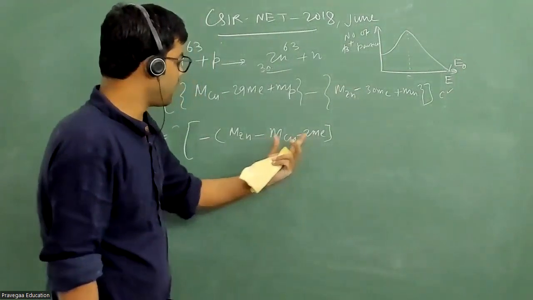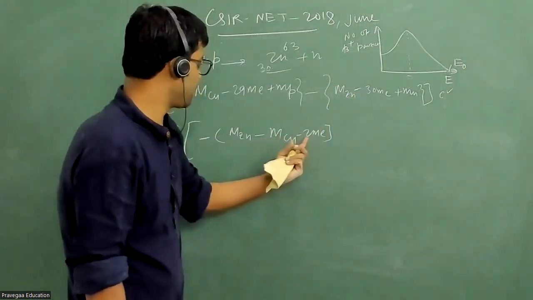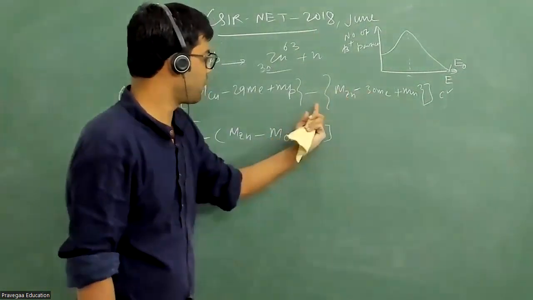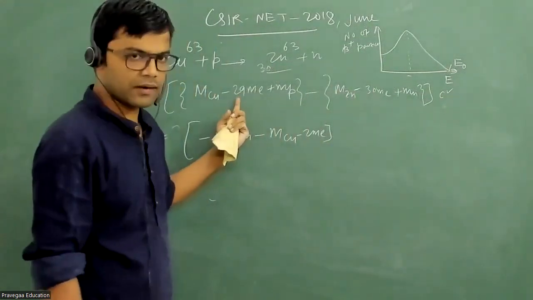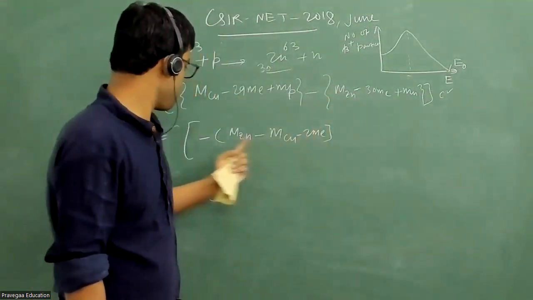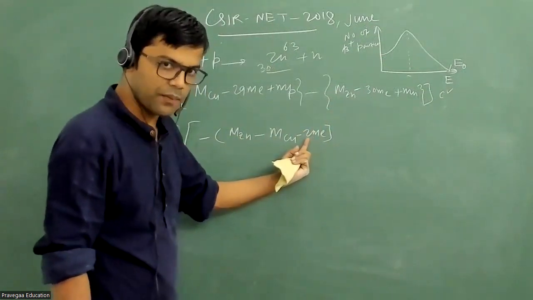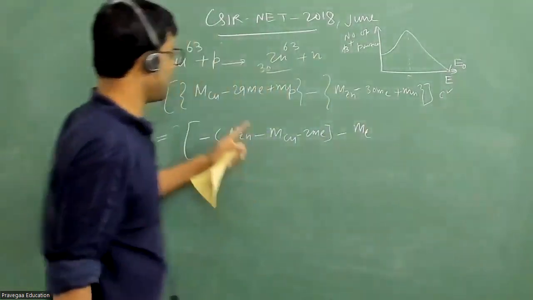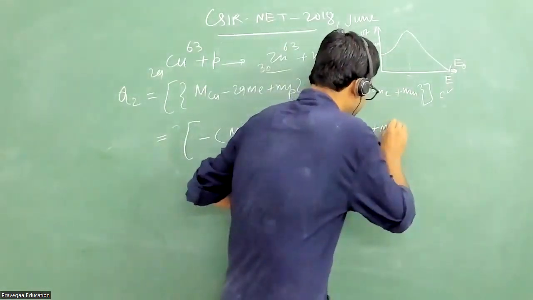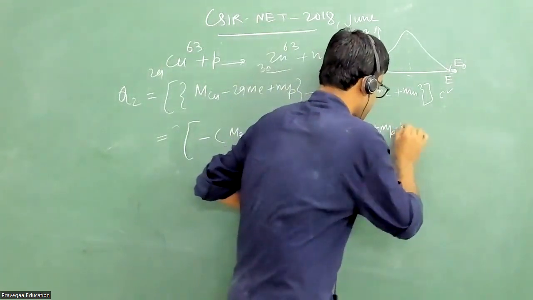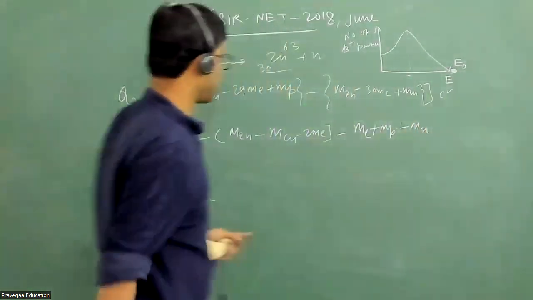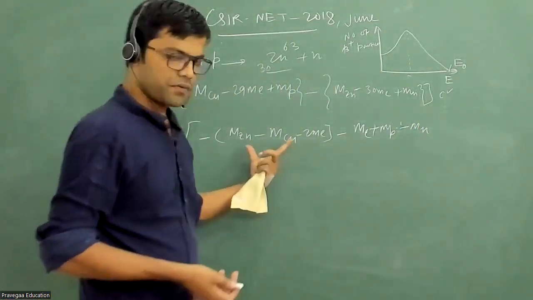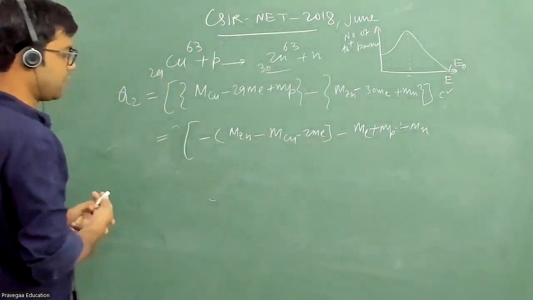Actually you are adding a mass of electron, because this is plus 30 Me and here you have minus 29 Me, so you have a plus Me. But I am adding 2 Me, which means I have to subtract Me, and then you have the remaining part, that is mass of a proton plus mass of a neutron. Logic is like that. You have to make the equation like this, because you know the value of this, that is minus 2.4 MeV.